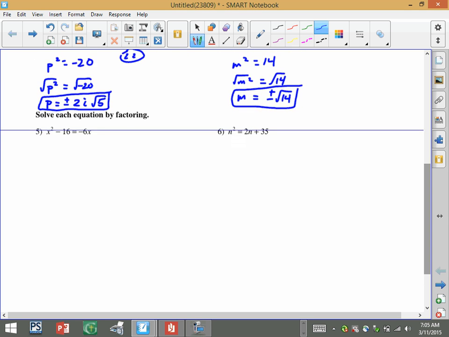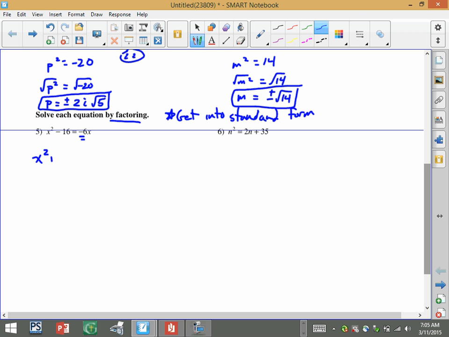All right, 5 and 6, they're telling us to solve this by factoring, which means they are factorable. Step one is make sure we get this thing into standard form. So that means everything to the left, or whichever way you have to go to keep that squared term positive.